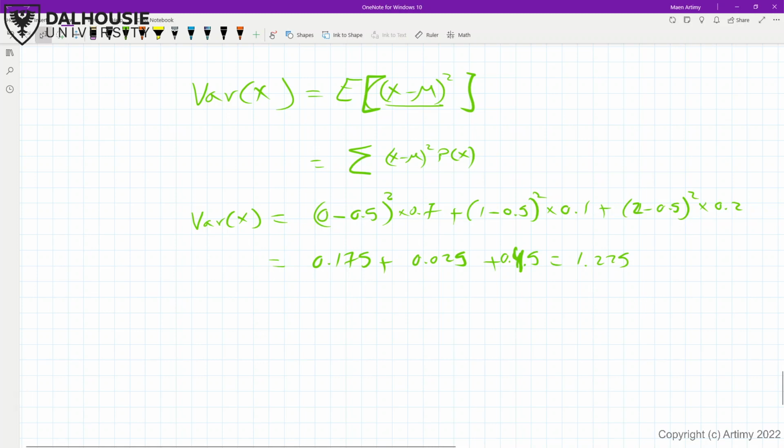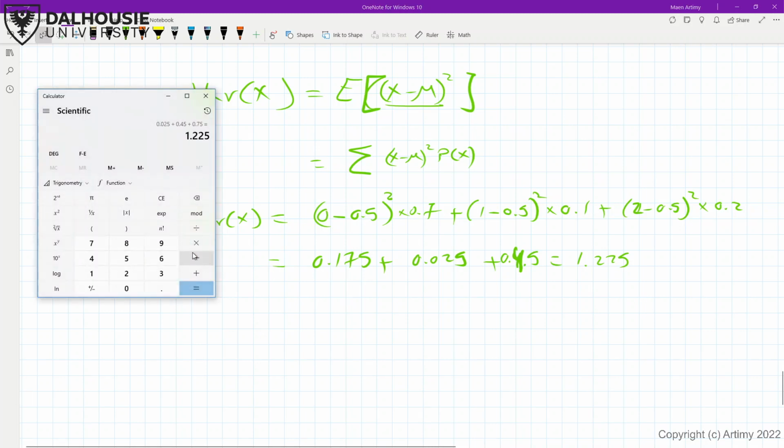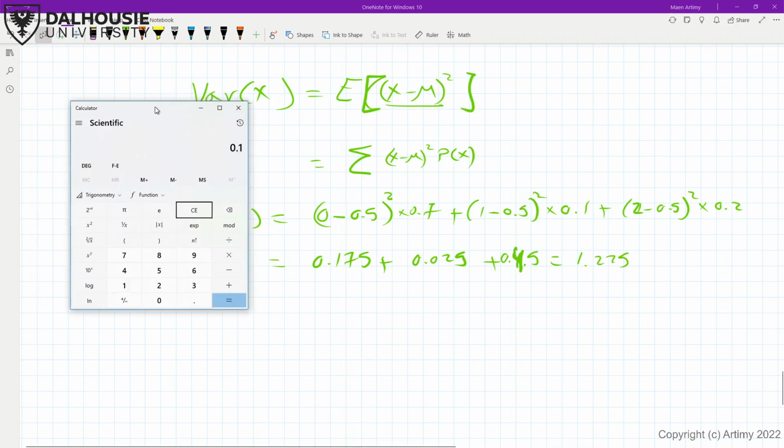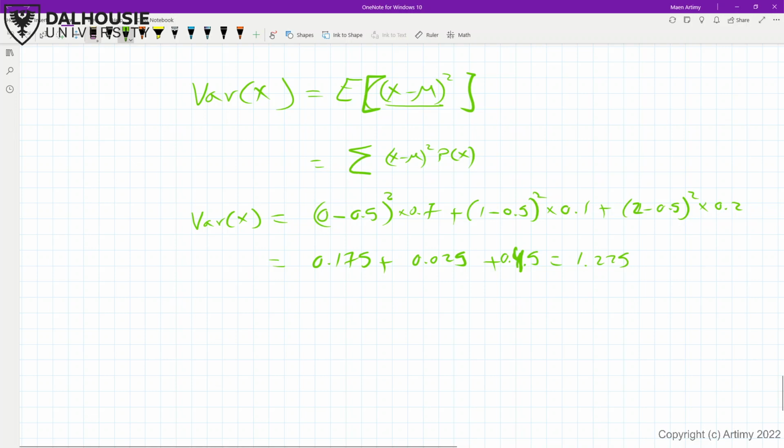So the variance is 1.225, assuming that I did all of my calculations correct, which I don't think so. I think I missed one there. 0.175 plus 0.025 plus 0.45, that's 0.65. So the expectation is 0.5 and the variance is 0.65.